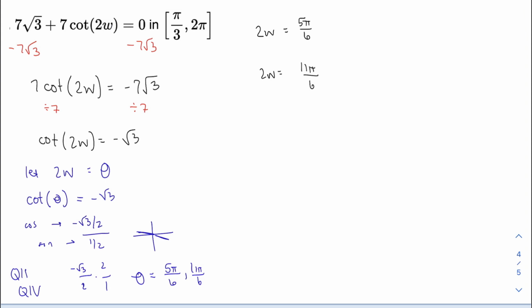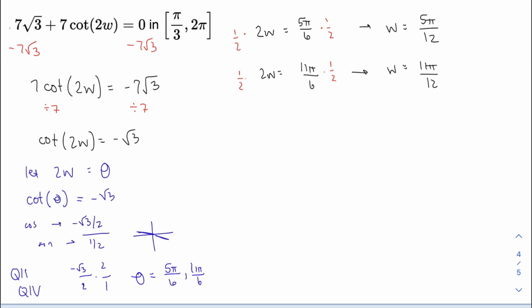I need to see what the first solutions are and then find the others. So I'll multiply by 1/2. I'll multiply by 1/2. Okay, and that will give me that w is 5 pi over 12, and w is 11 pi over 12.